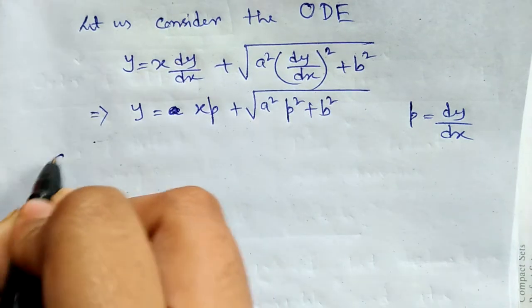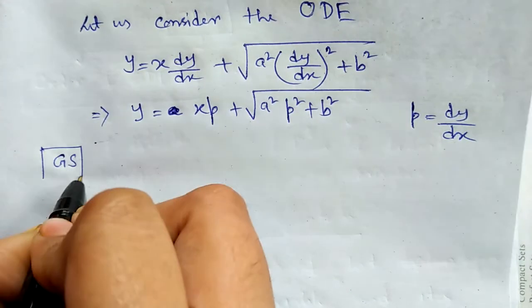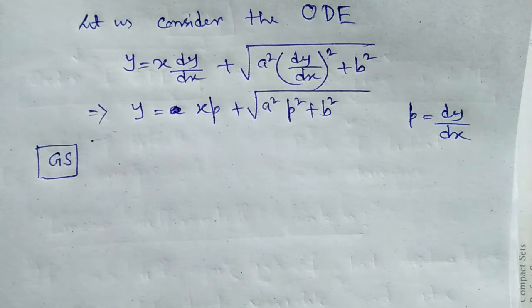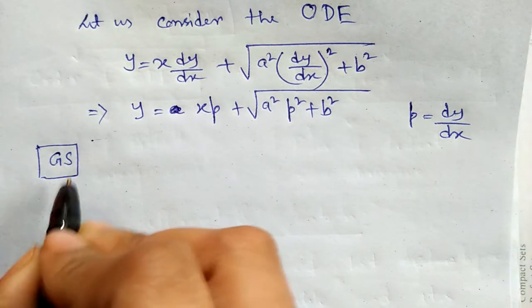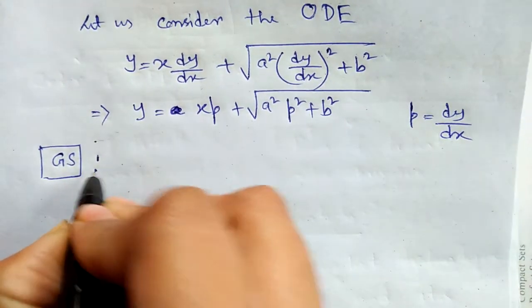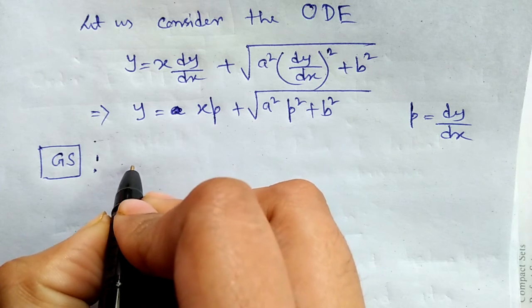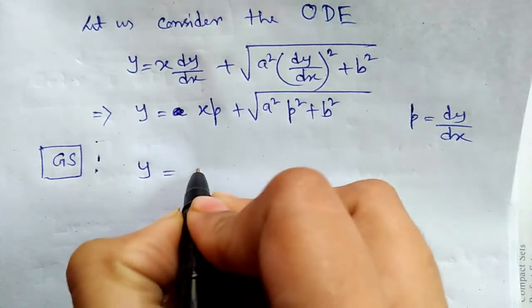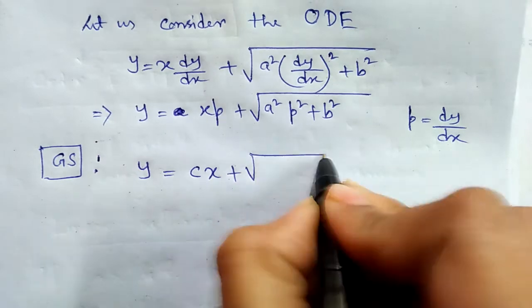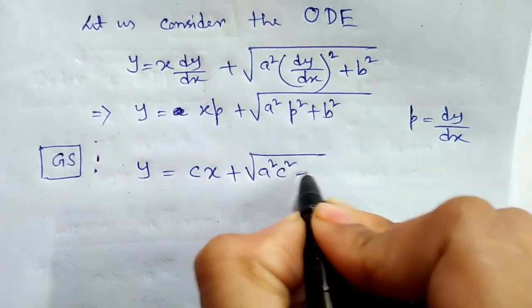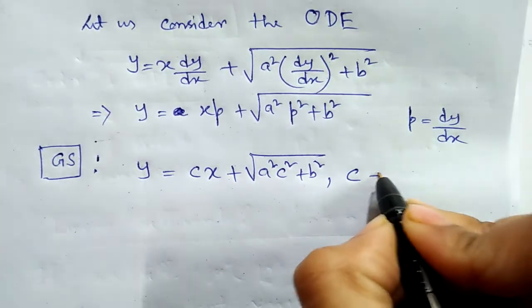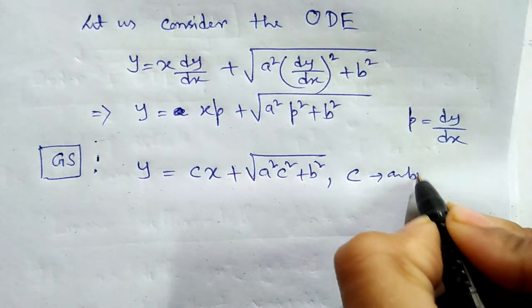Here I cannot go into the detailed discussion of the solution, but I want to show you the form of the three types of solutions. The form of the general solution will be y equal to cx plus root over a square c square plus b square, where c is an arbitrary constant.